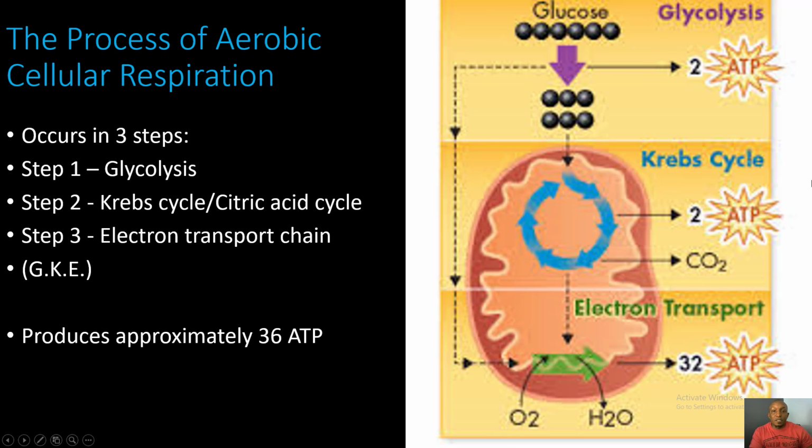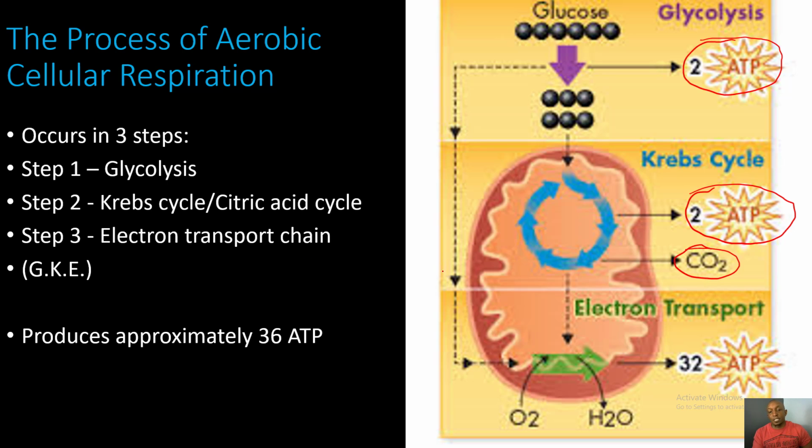Moving into the process of aerobic cellular respiration, it occurs in three steps. In step one, we have glycolysis, the end result of which is two ATP produced. Then step two is the Krebs cycle, also known as the citric acid cycle. It produces two ATP, and this is where carbon dioxide is released as well.